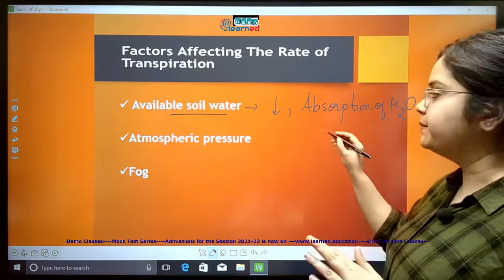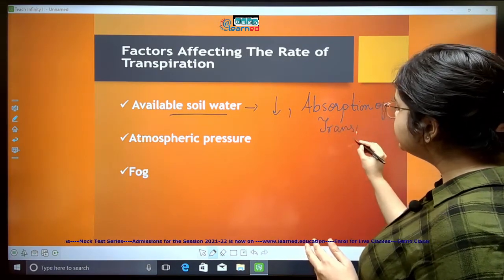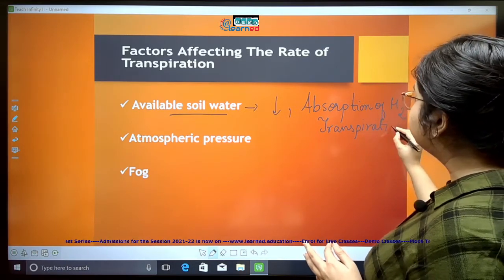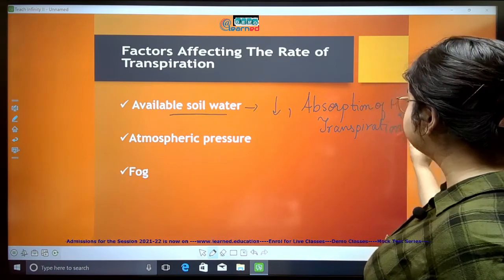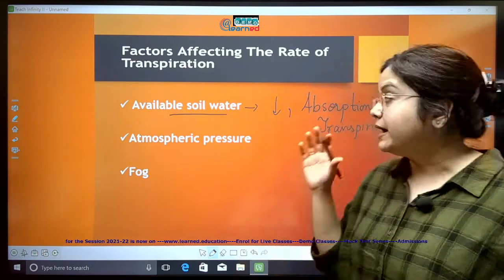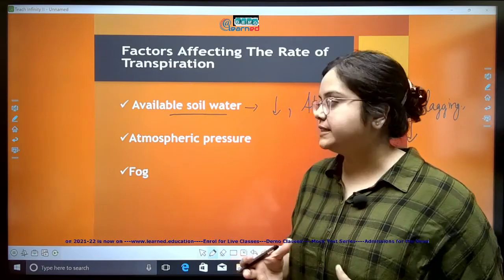Transpiration will also diminish, because if transpiration does not diminish, then the plant will suffer, the plant will wilt, and permanent wilting of the plant will cause death of the plant. So, transpiration will come down if the absorption of water is slow or does not take place.